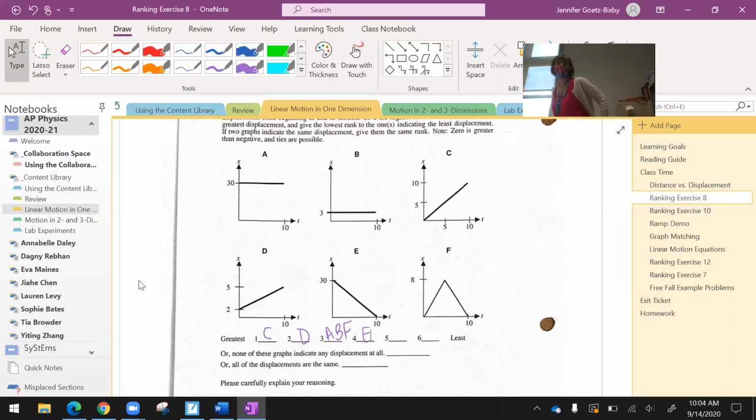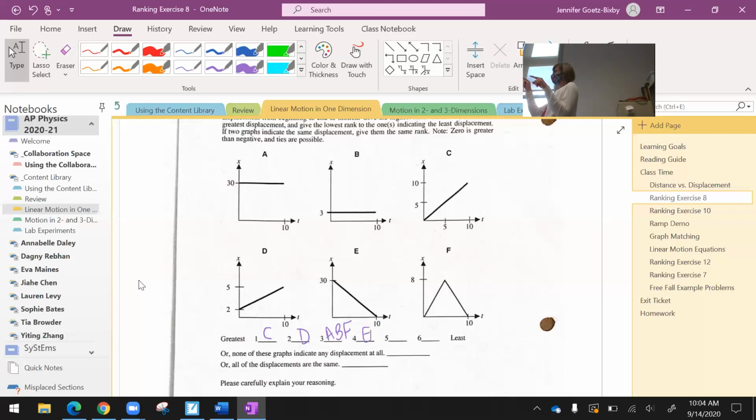Okay, how about D? What's my average velocity in D? Annabelle? Is it really 5 over 10? What's my displacement in D? So displacement, remember, is where I end minus where I start. Nope.